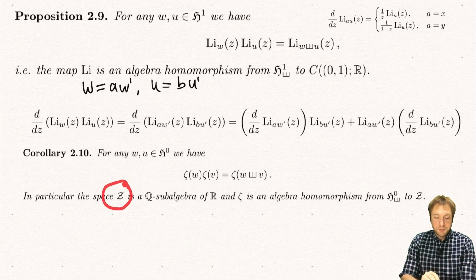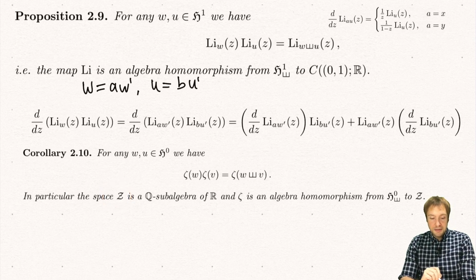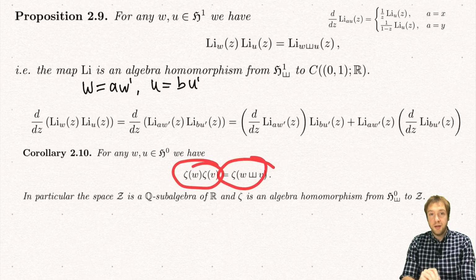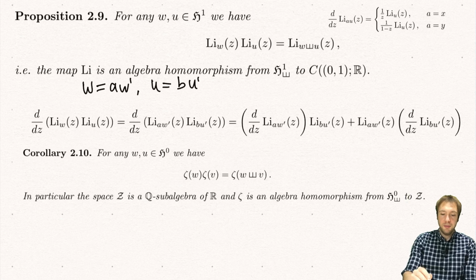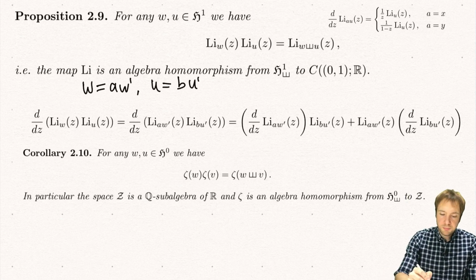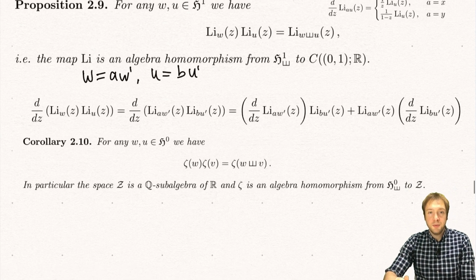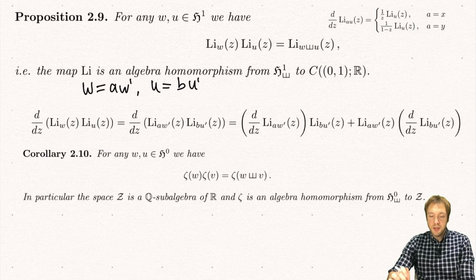In particular, our space Z is closed under multiplication, because if we multiply two of them, we can write this as a linear combination. So Z is a Q-algebra, and this zeta map can be seen as a Q-algebra homomorphism from H0 with the shuffle product to the space of multiple zeta values. Okay, and this is all we want to say about the shuffle product.